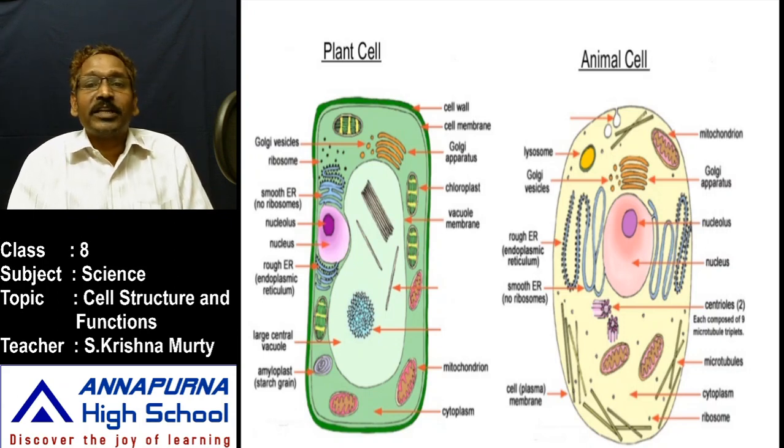We can find the nucleus with a light microscope. We do not need an electron microscope. And the third important part in the plant cell is the cytoplasm. So the plant cell has majorly four parts.